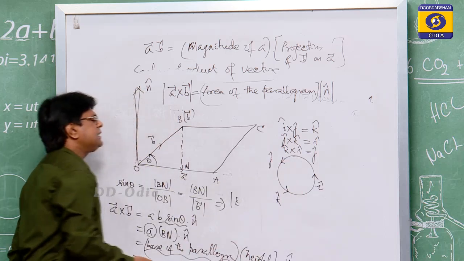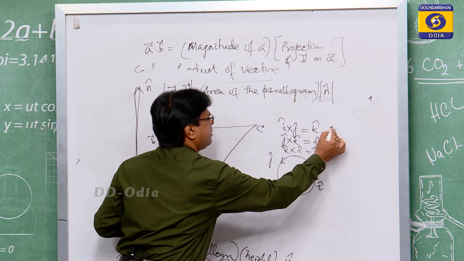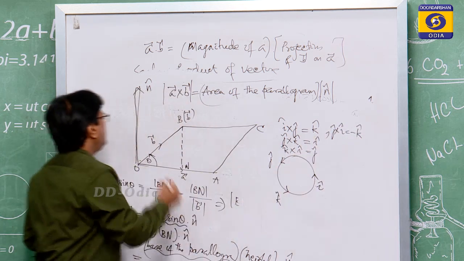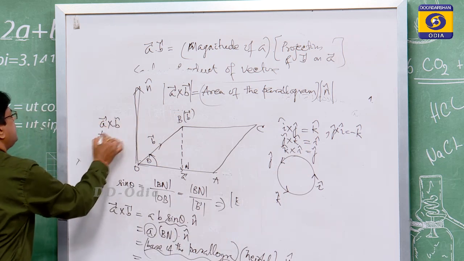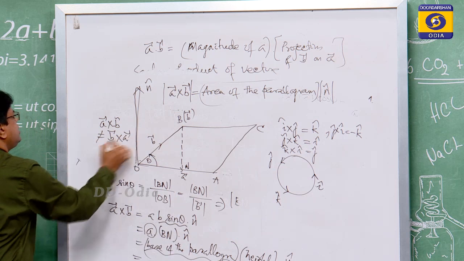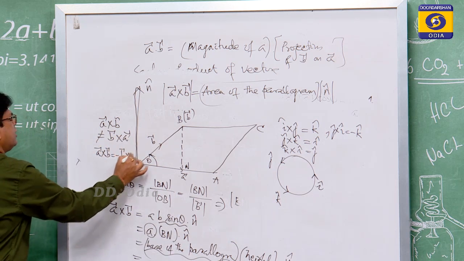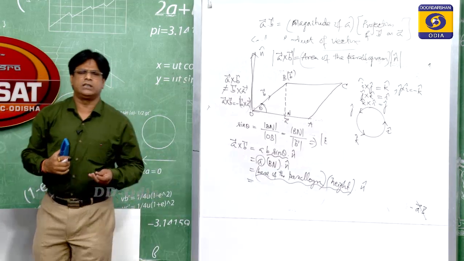If the reverse direction occurs, suppose j cross i is equal to minus k. So, A cross B is not equal to B cross A; A cross B is equal to minus B cross A. So, the cross product of two vectors is not commutative.